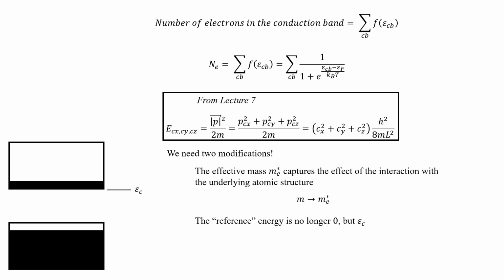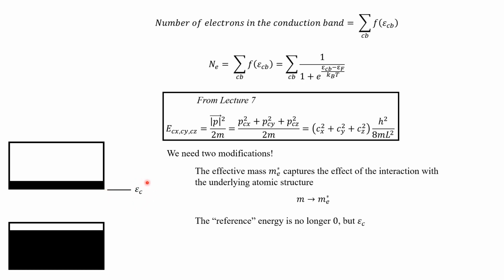The second modification we need to do is related to the fact that this expression is actually a kinetic energy. But here we also have a potential energy, which is the energy at the bottom of the conduction band, which we are calling epsilon c. So our reference energy can no longer be zero, because the minimal energy of the electrons here will be epsilon c, the energy at the bottom of the conduction band.